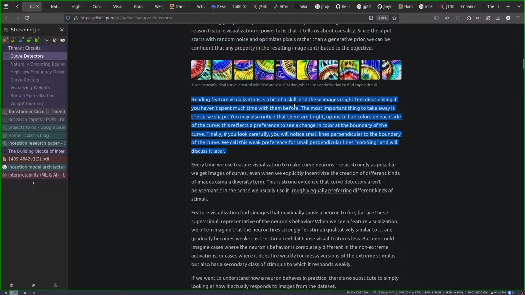Feature visualization is a learned skill, and the images might feel disorienting if you haven't spent much time with them before. The most important thing to take away is the curve. You may also notice that there are bright, opposite hue colors on each side of the curve. This reflects a preference to see a change in color at the boundary of the curve.